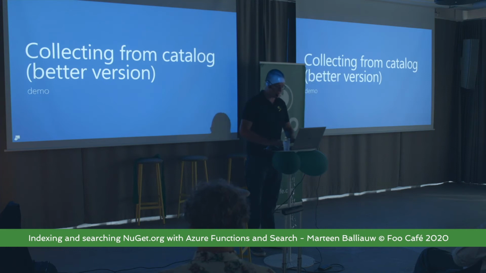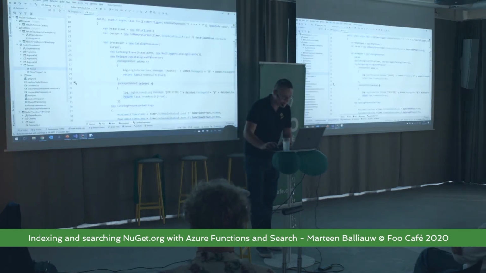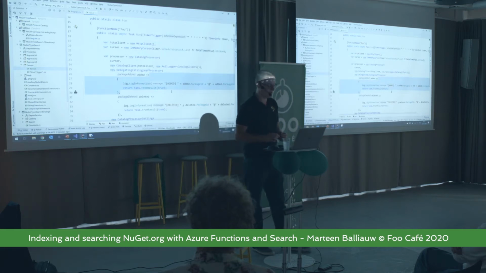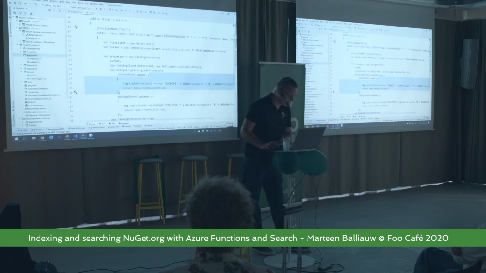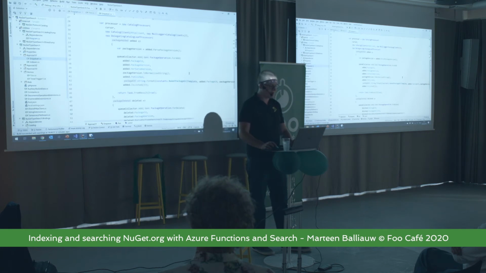So right, let's collect from our catalog using a better version. So instead of having the responsibility of triggering on a timer, then setting up all this stuff that we have here, let's see if we can reduce the amount of code that is needed to do something here. So what I have here is exactly the same code, but instead of processing it inside of my delegates that I have here, what I will do is add my packages to a queue collector.